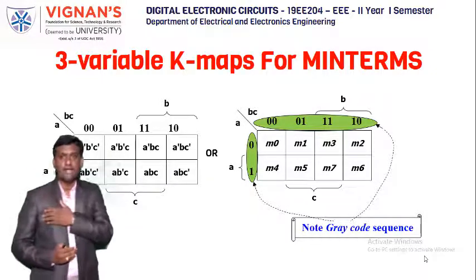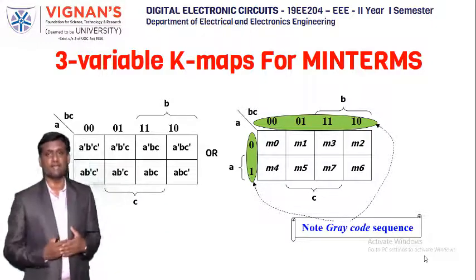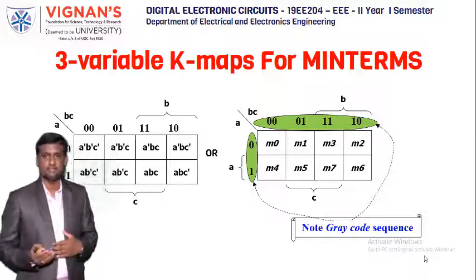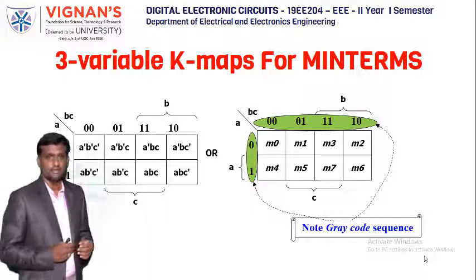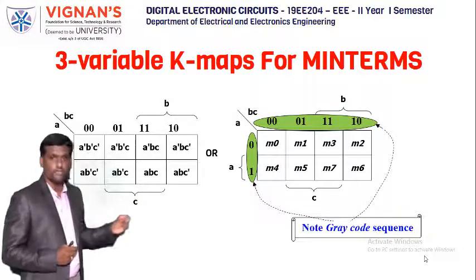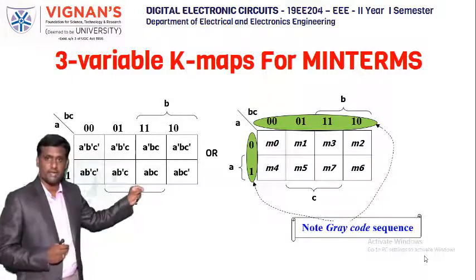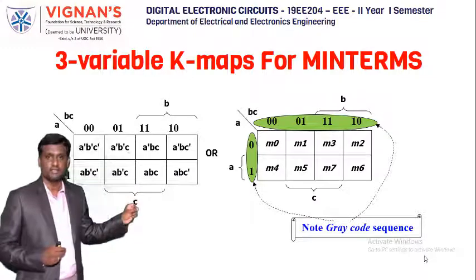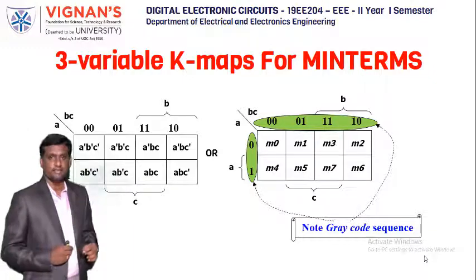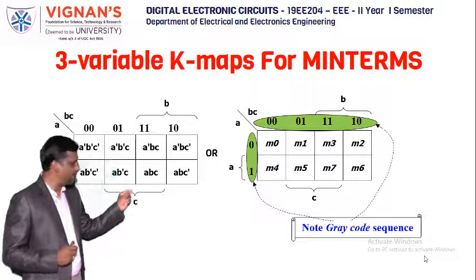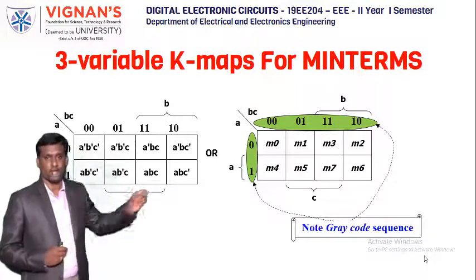And the corresponding cell value in terms of decimal combination is shown in the K-map. If you observe, we have followed the order A, B, C. By combining the A, B, C variable combination, that is 0 0 0, the first cell value is 0. Similarly, the second cell value by combining A, B, C is 0 0 1.